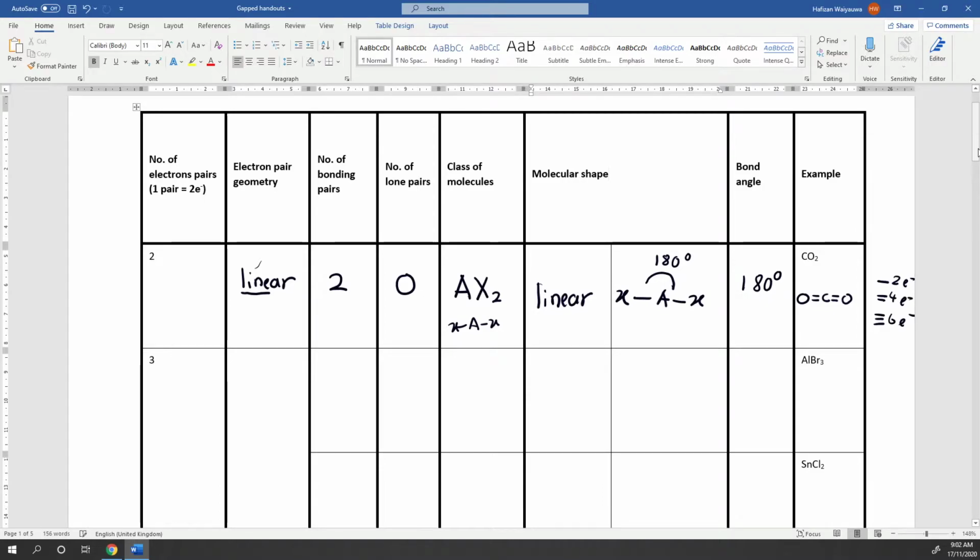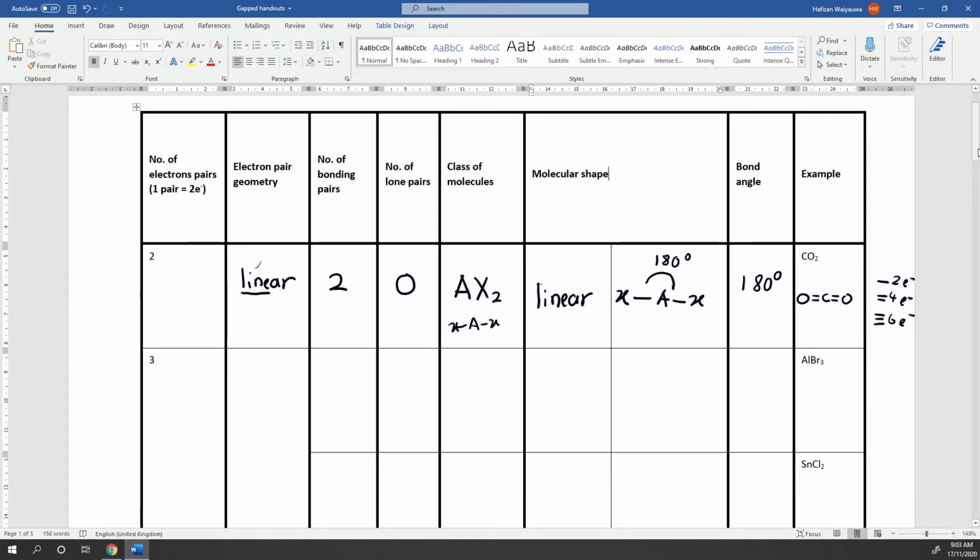Tapi, for molecular geometry, tak kisah berapa banyak bond, kita still consider dia sebagai satu bond. Sebab, apa yang kita tengok sini is only berapa banyak dia bercantum and berapa banyak lone pair yang dia ada. So, dia tak ada langsung lone pair.